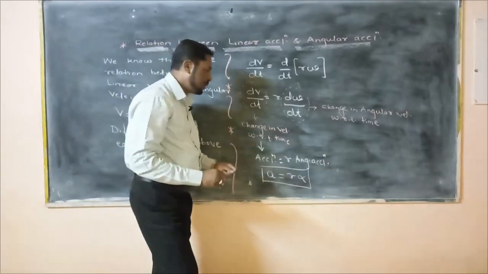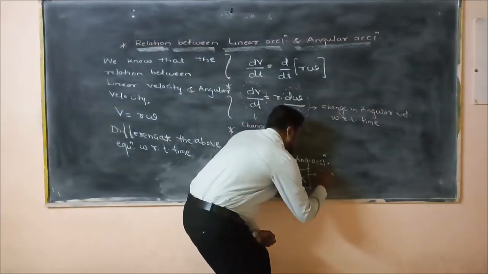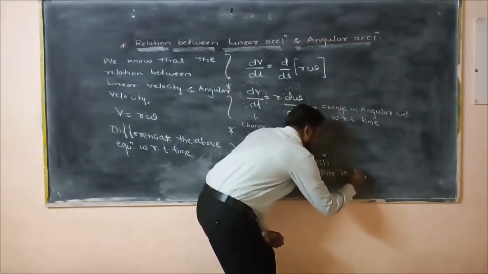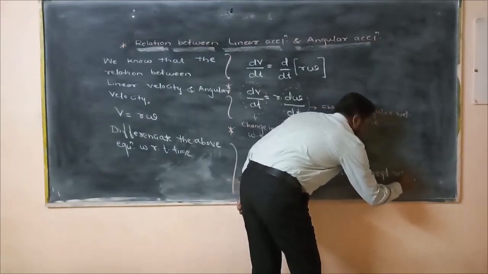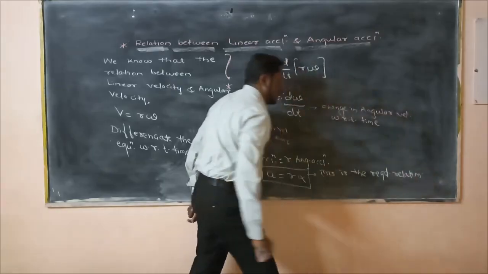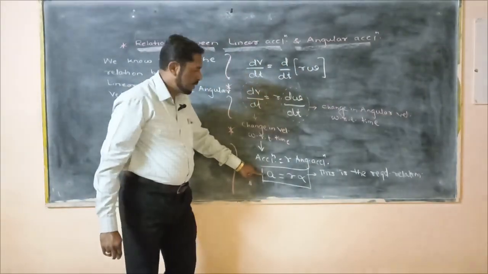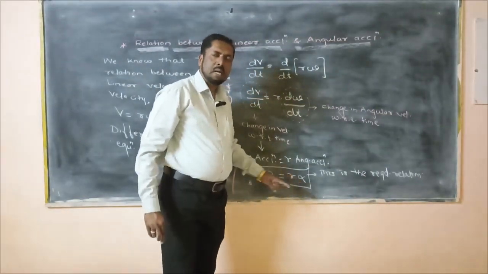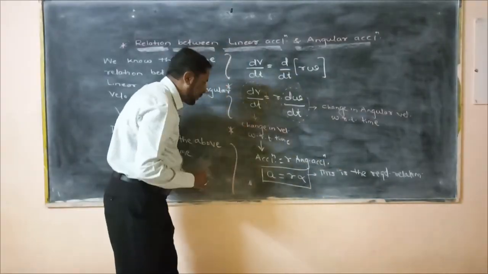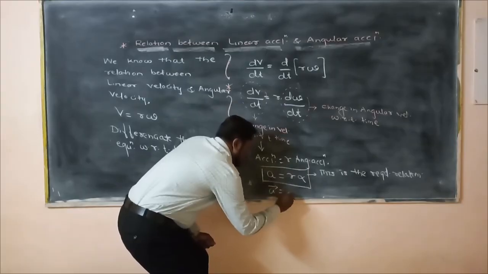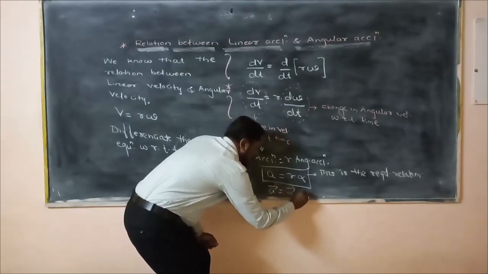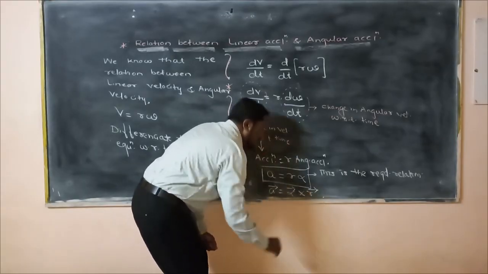So this is the required relation between linear acceleration and angular acceleration. In vector form, we can write vector A is equal to vector alpha cross vector r.